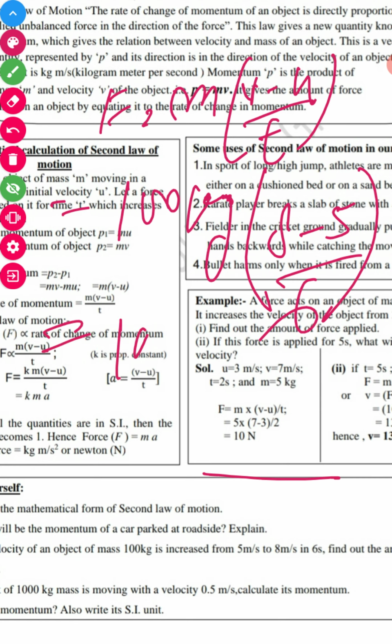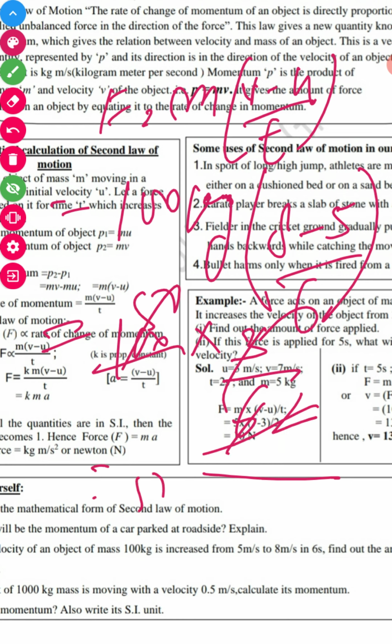So 100 into 3 upon 6 is 50 Newton. This is the answer of your second question.